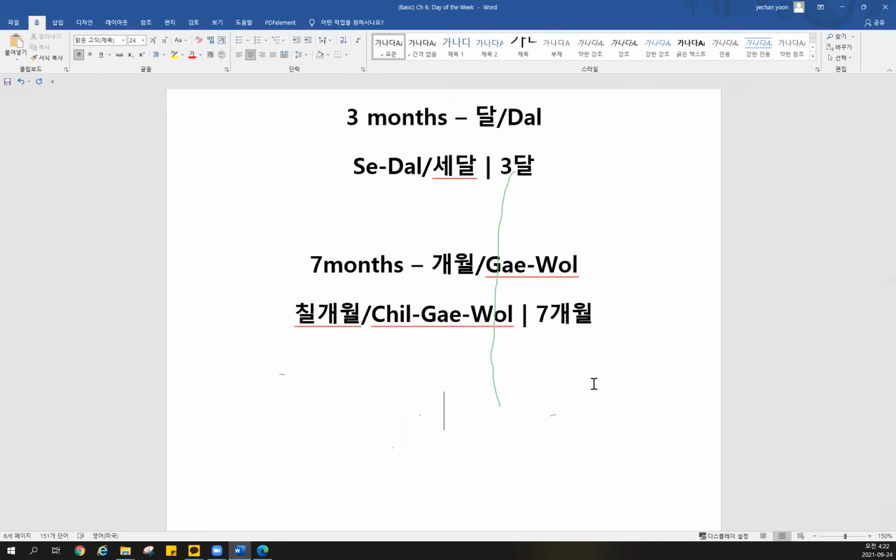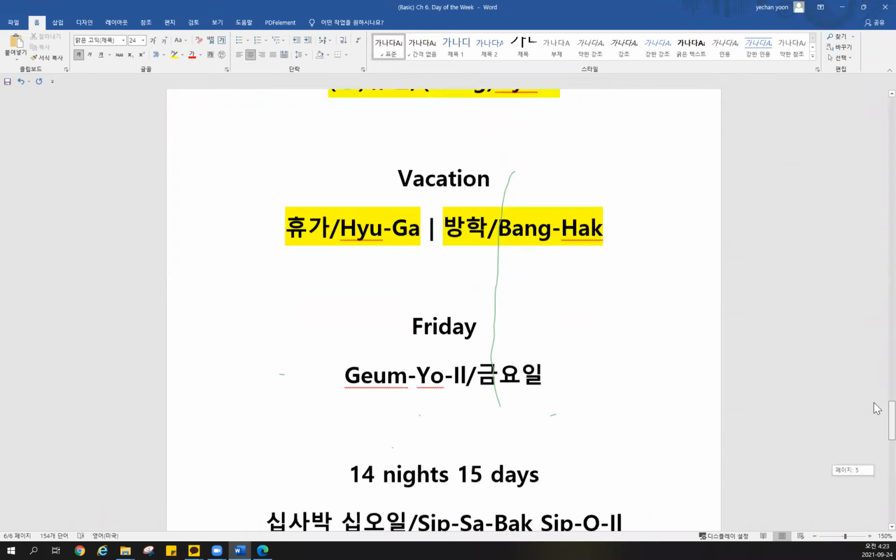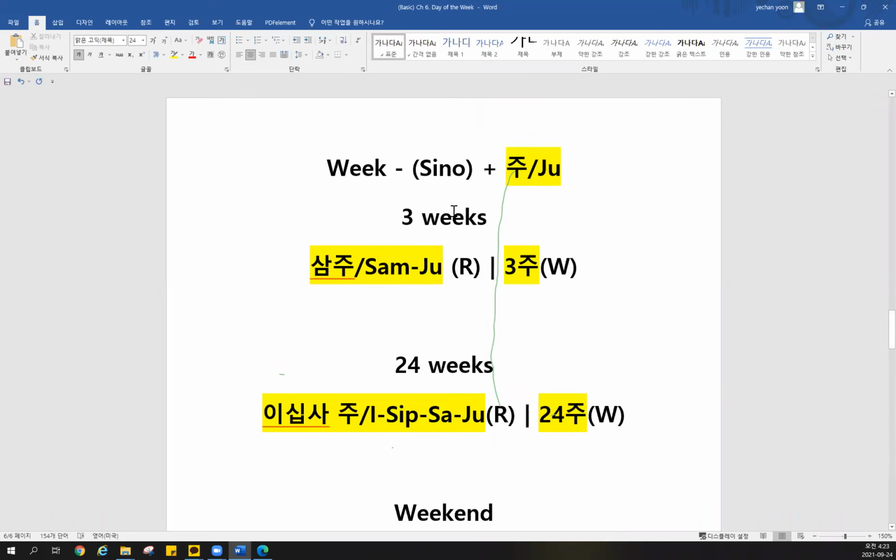Then let's try another one. Let's say I want to meet my cousin, and oh sure. Then when do you want to meet? Well, after 5 weeks later. We already learned about later, right? For the week, you can use the Sino counting version plus 주.